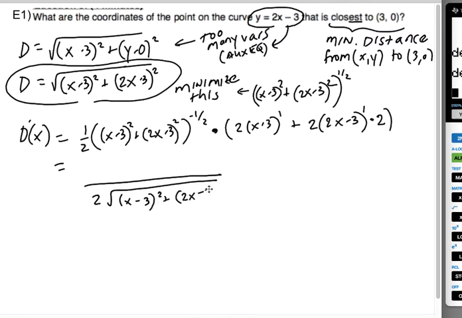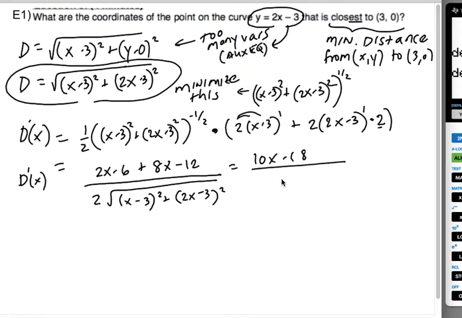It's the top that's actually going to be interesting to me. This is going to be a 2x minus 6, and a 4 times the 2x would be an 8x minus a 12. So d prime of x is going to be 10x minus 18 on top of this stuff.